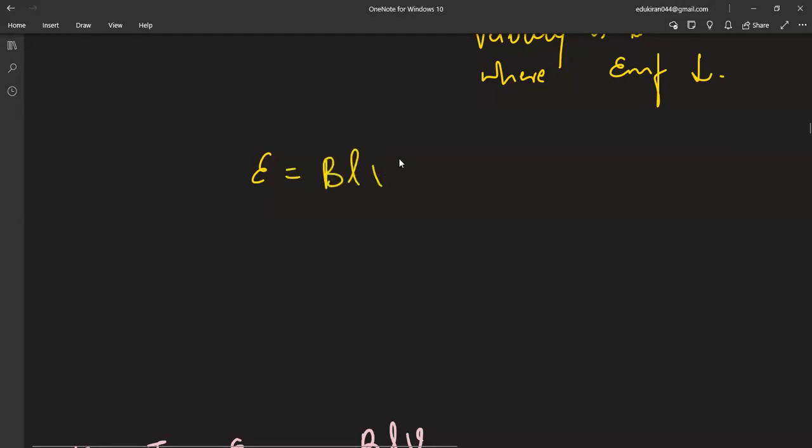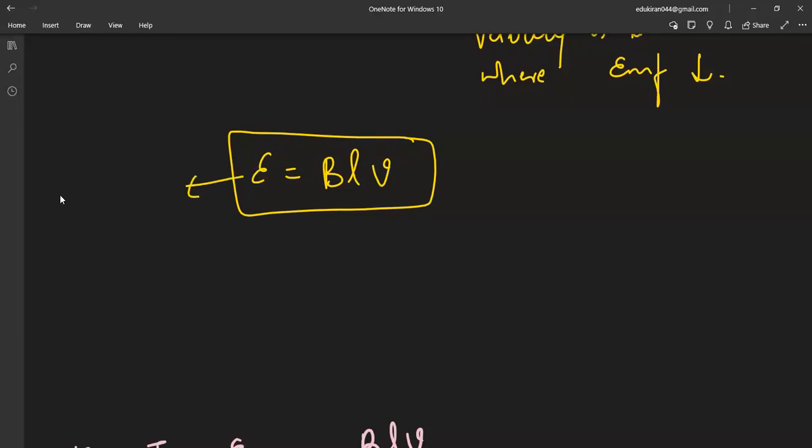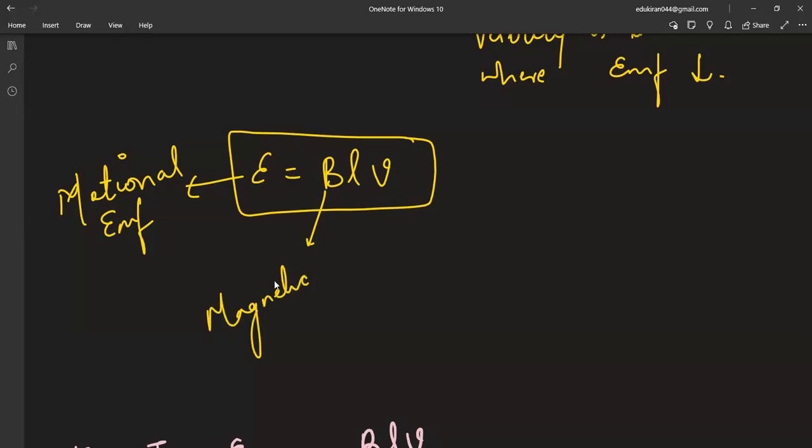E is equal to BLV. This is the formula. So what is E? This is your motional EMF. What is B? B is the magnetic field.